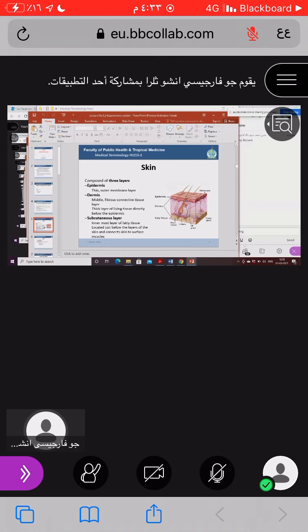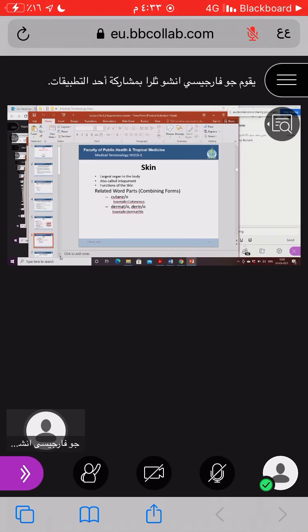Just look at the picture and study. Don't spend too much time on the functions and structure, because that is not the most important part of your exam. Always study the medical terms. Wherever you see a medical term in the slides, study that.